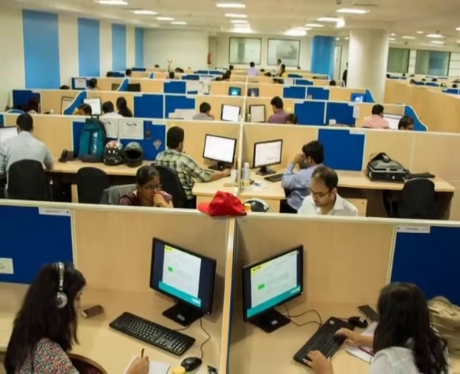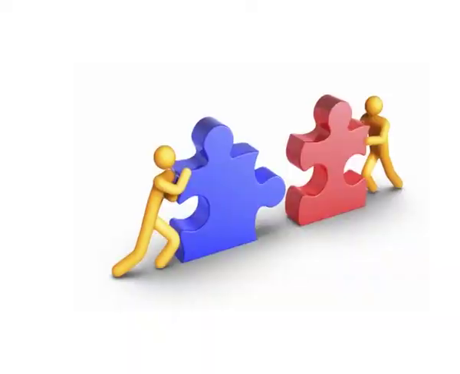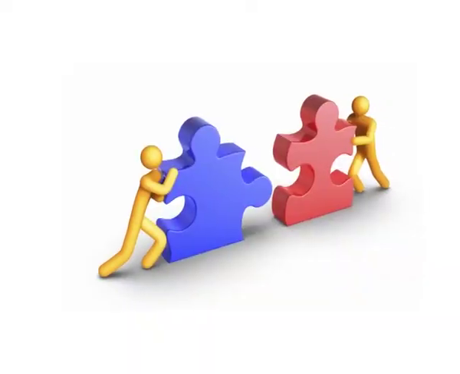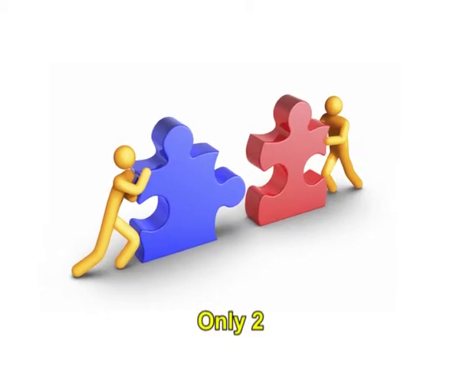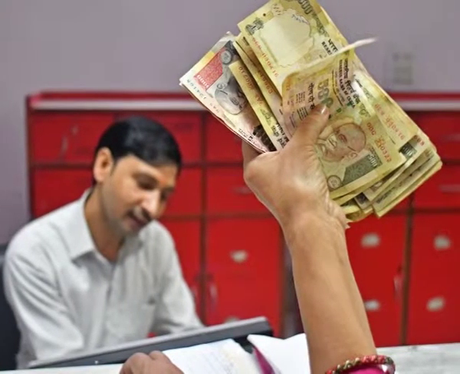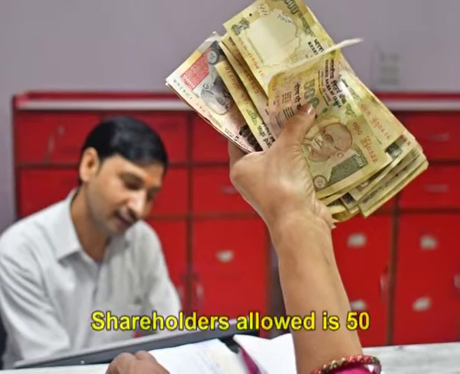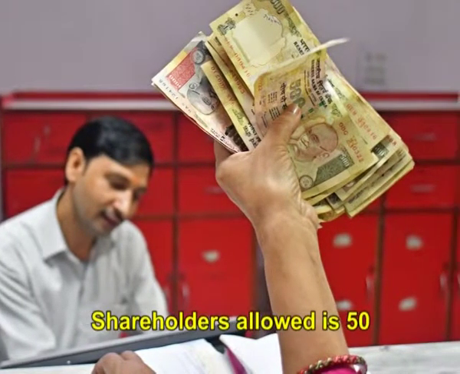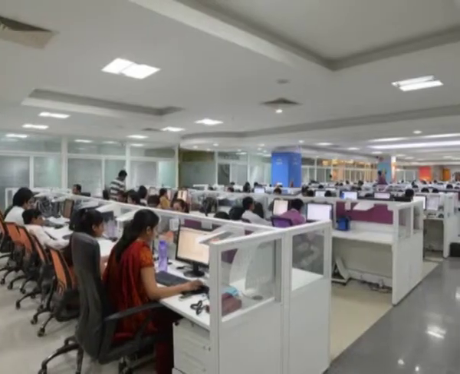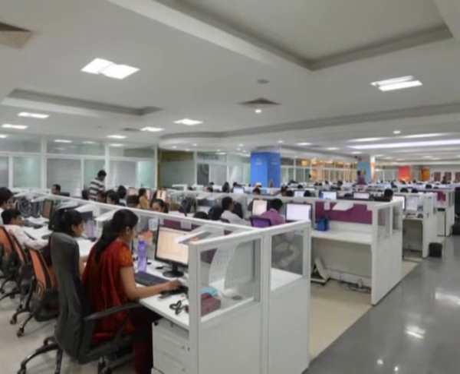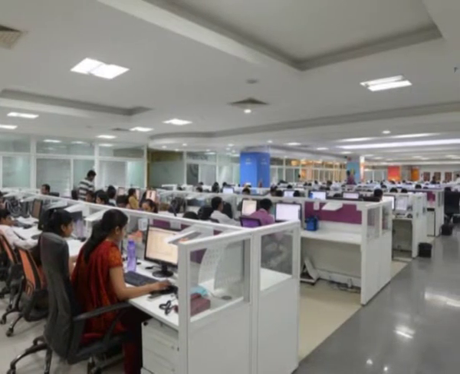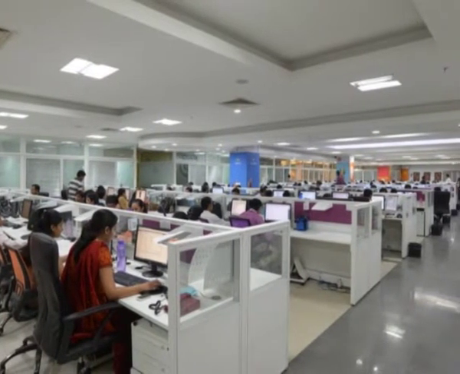Business not affected by the status of the owner. Minimum number of shareholders needed to start the business is only two. More capital can be raised as the maximum number of shareholders allowed is 50. Scope of expansion is higher because it is easy to raise capital from financial institutions, and because of the advantage of limited liability.